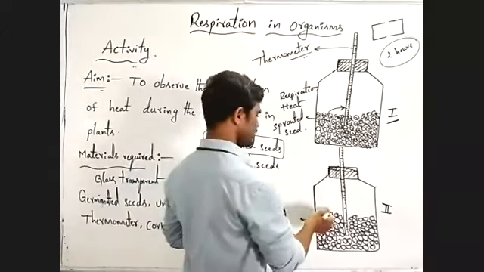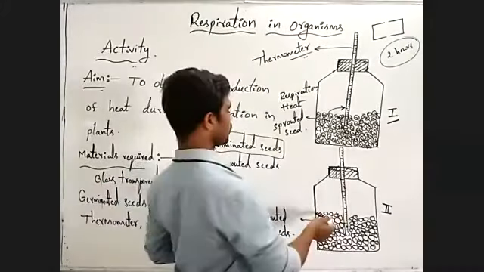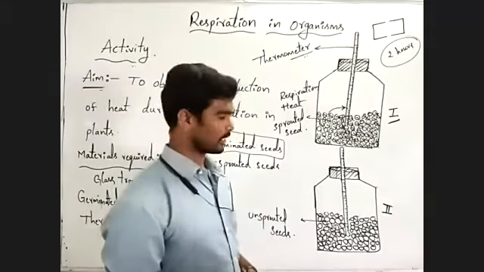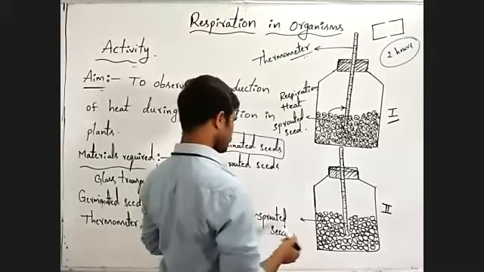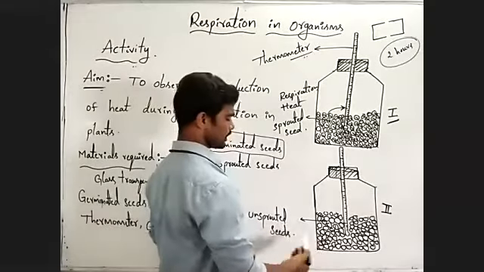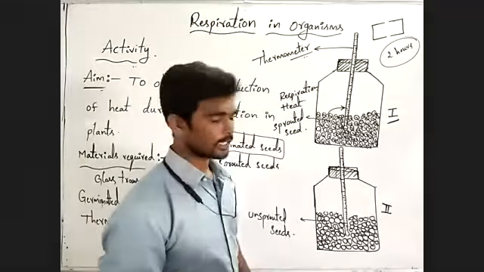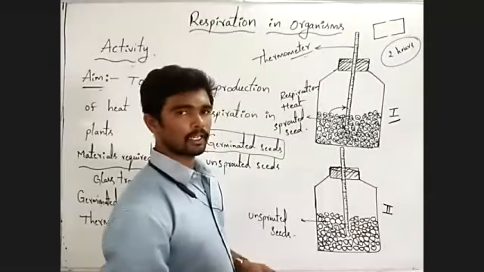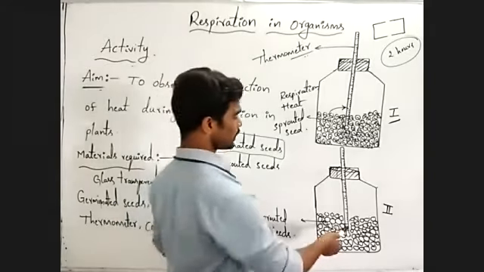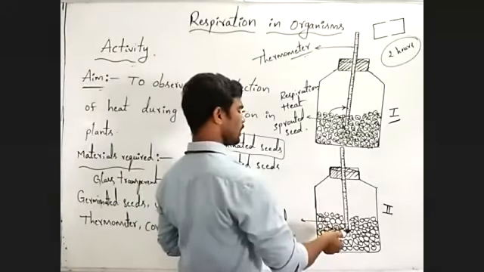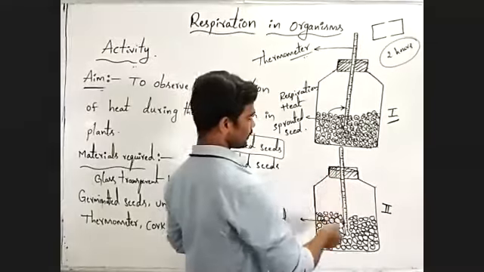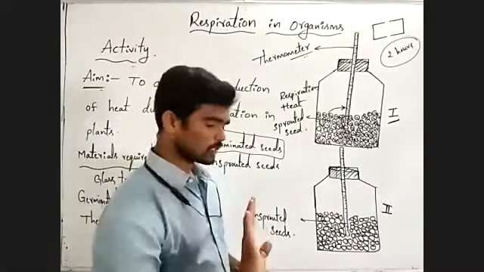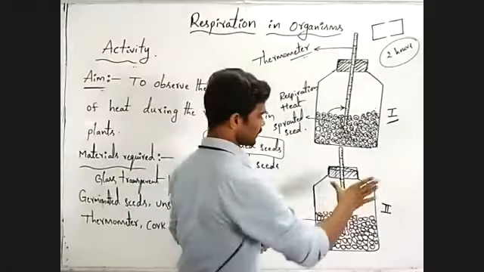But in the second setup or second bottle, we cannot observe that type of changes because we placed ungerminated seeds here. They cannot perform the respiration process. That is why they do not produce heat. Those changes in the levels of mercury in the thermometer do not occur in this bottle.